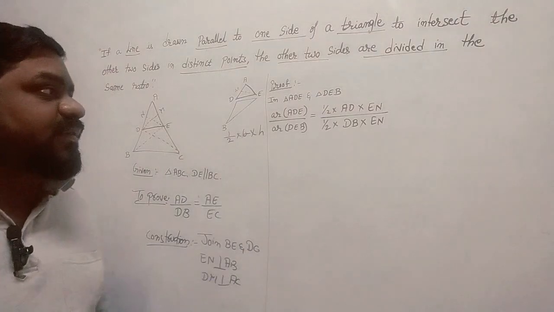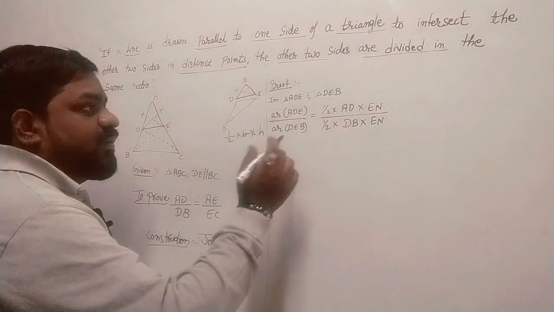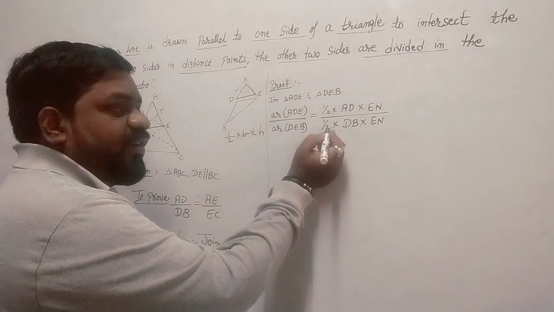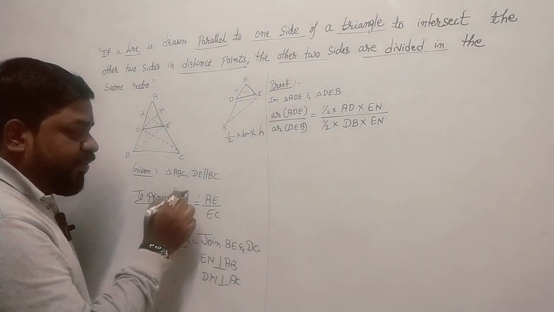Okay. Next, to make it easy to understand, first write half and half. Next, what we need to prove?